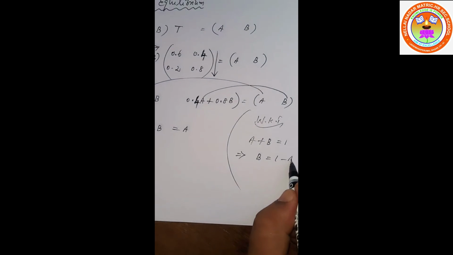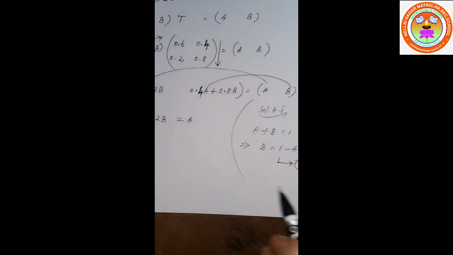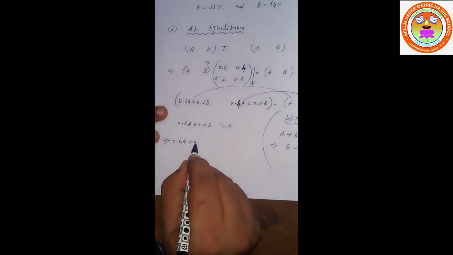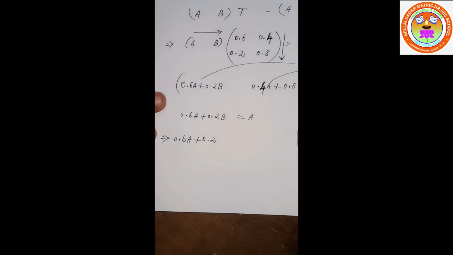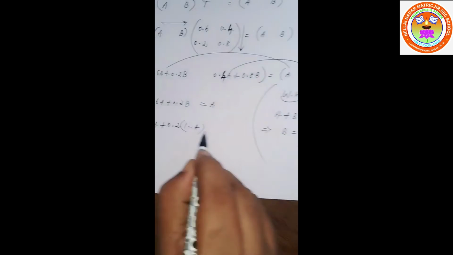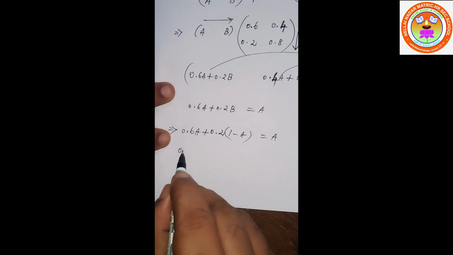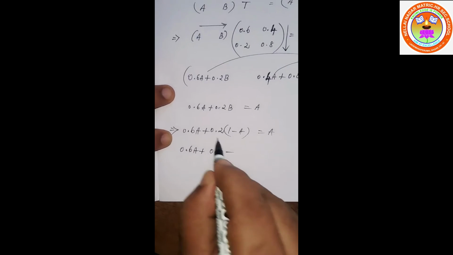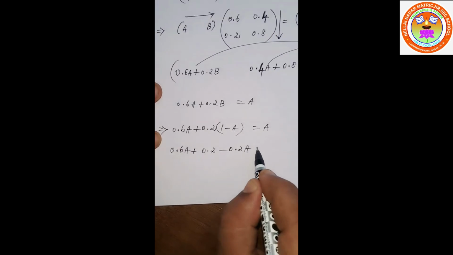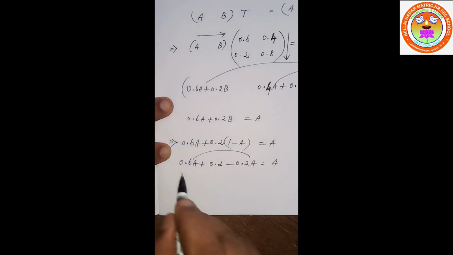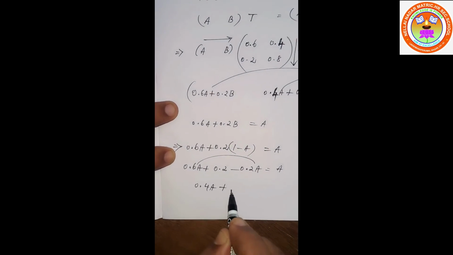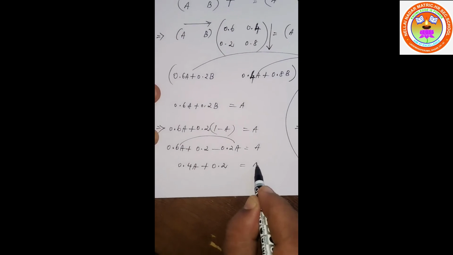Then B equals 1 minus A, let it be equation number 1. Which implies 0.6A plus 0.2B, where B can be replaced by 1 minus A, is equal to A. 0.6A plus 0.2 into A, 0.2A, is equal to A. Subtract: 0.6A minus 0.2A is 0.4A, plus 0.2, is equal to A.